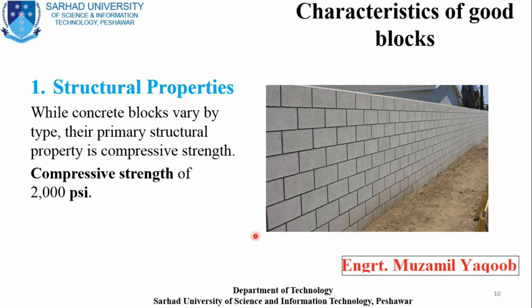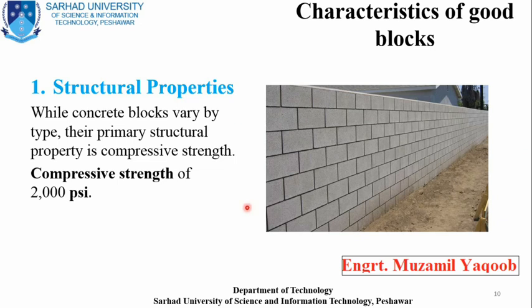Now come towards our last part of this lecture, which is characteristics of good blocks. So there are some key characteristics. The first one is structural properties. Structural properties means its compressive strength, right?